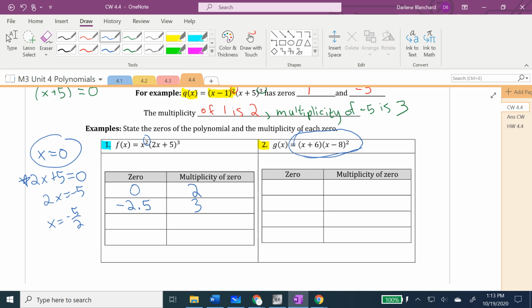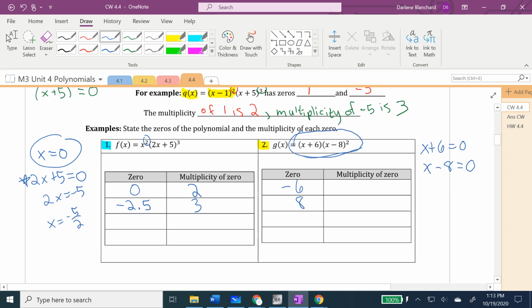And g of x is written in its factored form, right? You're looking at what makes x plus 6 equal 0, good. And then what makes x minus 8 equal to 0. And that will give us negative 6 and positive 8.